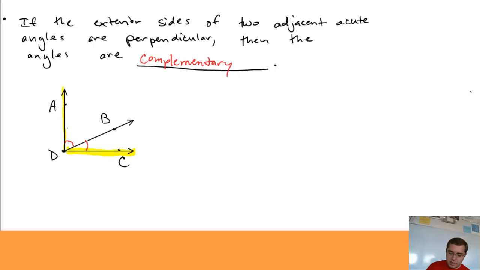Because these two lines are perpendicular, those two angles have to add up to 90 degrees, so they have to be complementary.